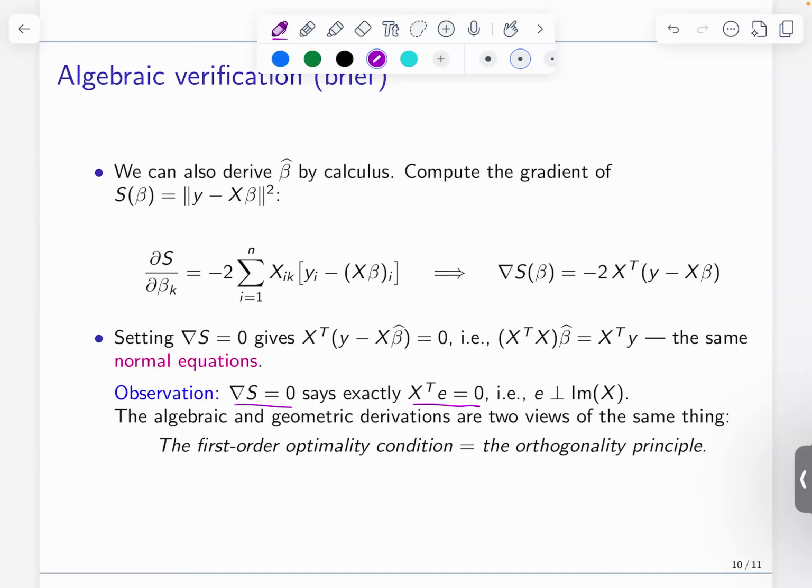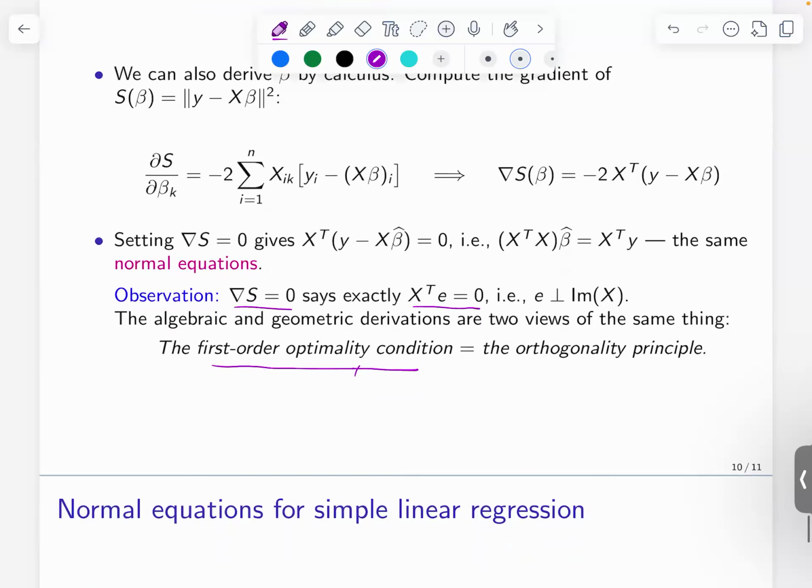So really the algebraic and geometric views match. The first order optimality conditions from the optimization perspective give you the orthogonality principle from the geometric perspective. The nice thing about math is, if you do it right, everything kind of matches.